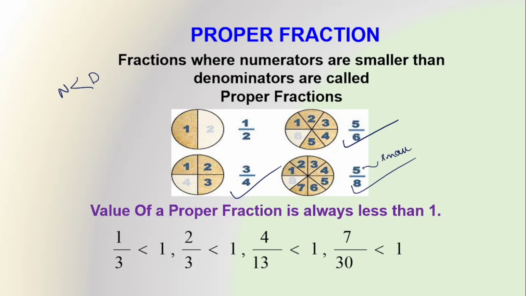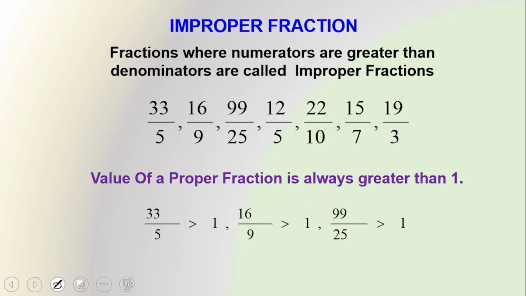Also remember, the value of a proper fraction is always less than 1. Suppose one example, 5 by 17 is dash 1, less than. All proper fractions are always less than 1.